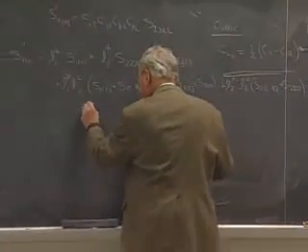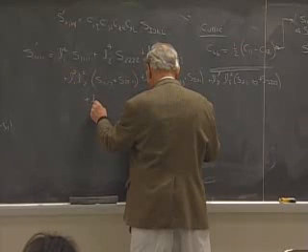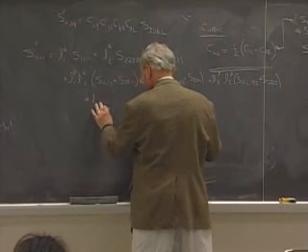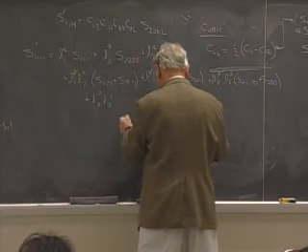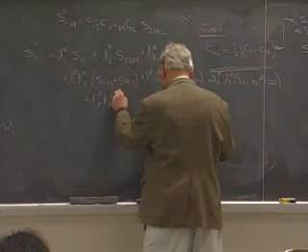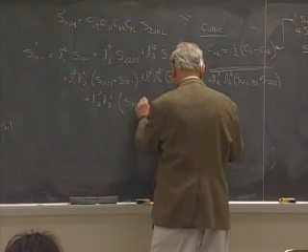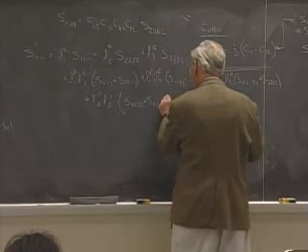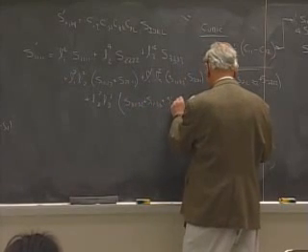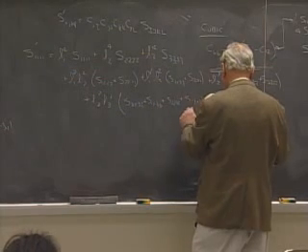And then there will be terms of the form L2 squared L3 squared times, again, 4 terms, S3232 plus S1233 plus S2332 plus S2323.